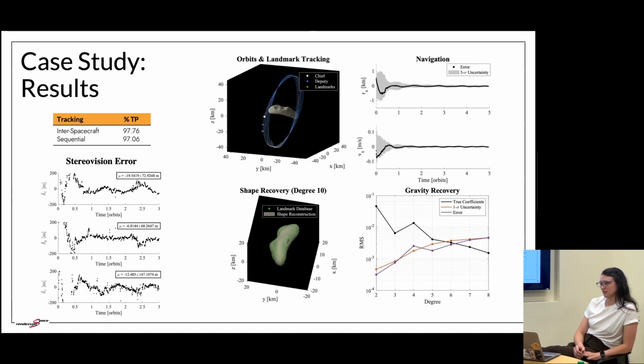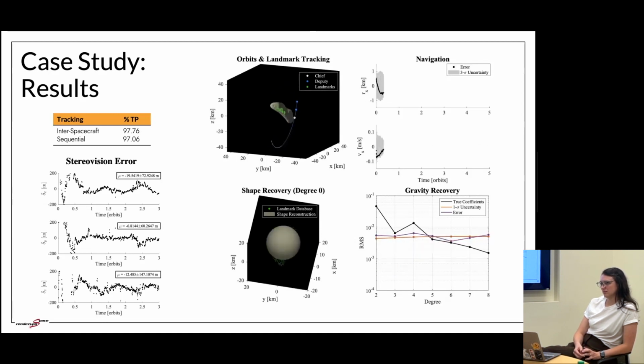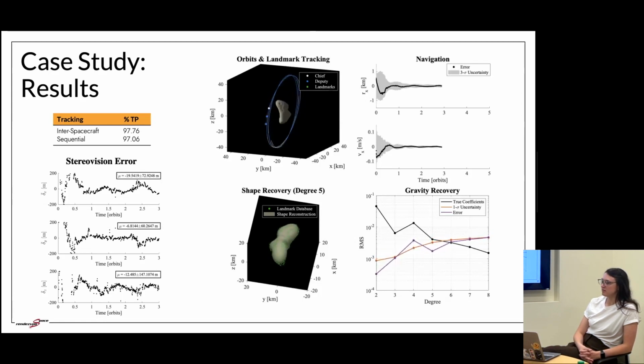You don't need to land on it, and you can do a survey across the asteroid belt, swarming around multiple asteroids, build a database and identify those asteroids that are of interest to us, and so forth. Very, very interesting things.